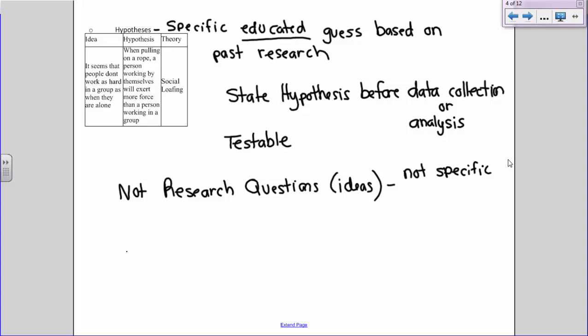Hypotheses are also not theories. A theory is a widely accepted explanation that's well tested through replication. So theories are developed after testing many hypotheses through replication that come out the same way.